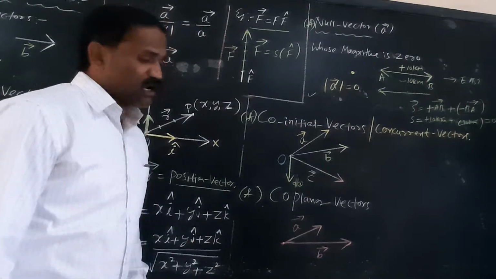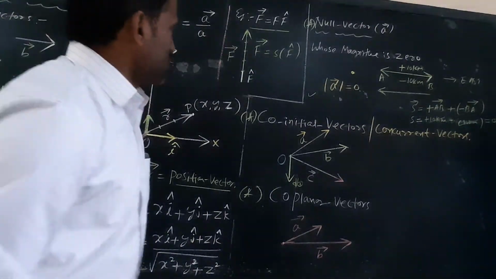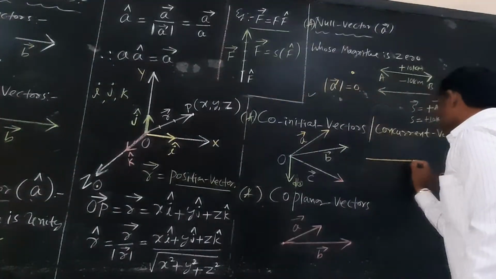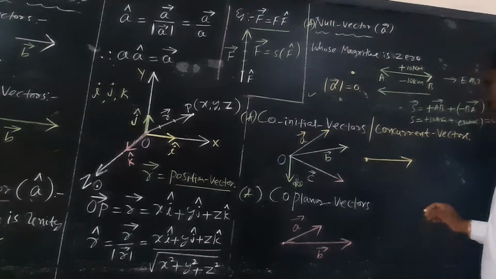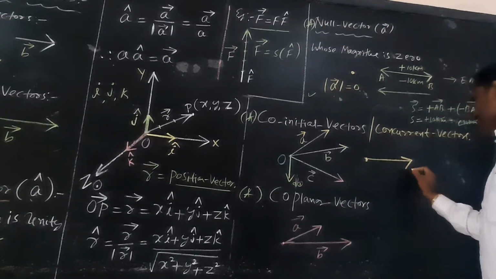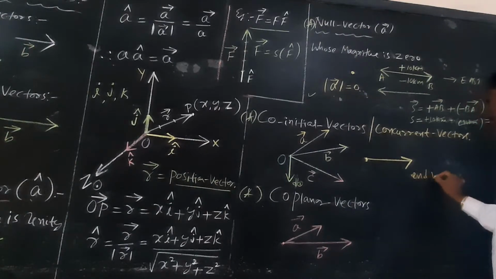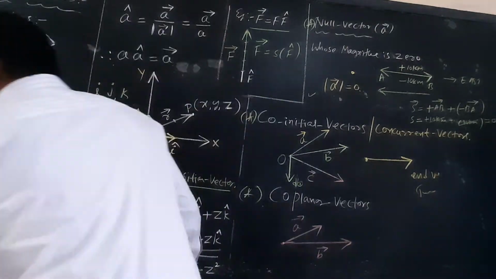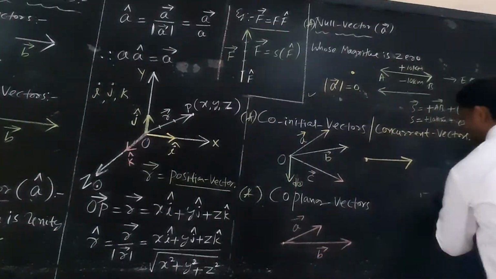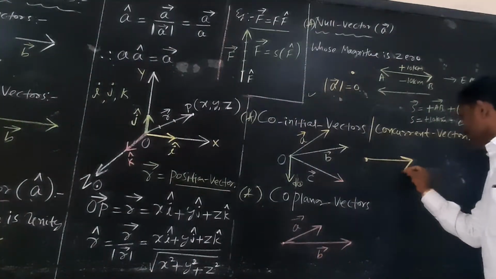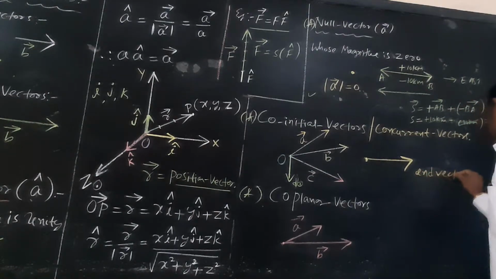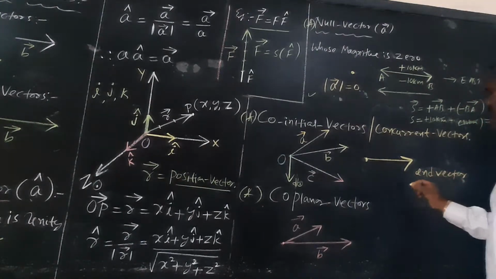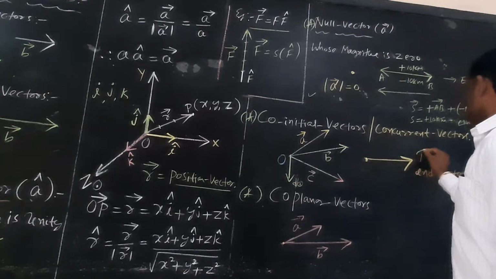What do you mean by terminal point? See here, this is a vector. This is called the starting point or initial point. The arrowhead will be the end of the vector, the terminal point. What do you mean by arrowhead? The arrowhead gives the direction, and this point is called the end of the vector or terminal point.